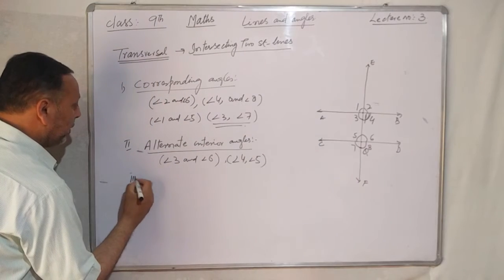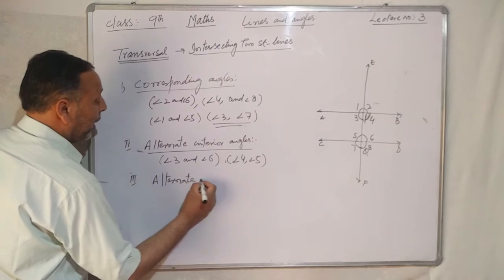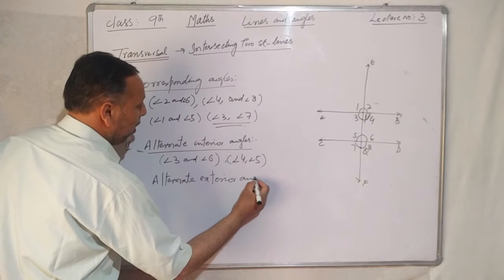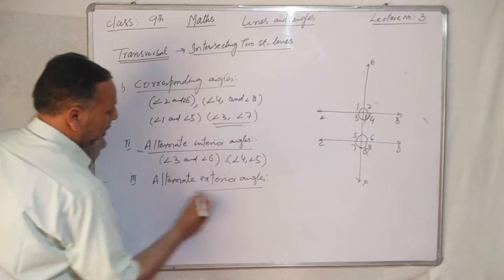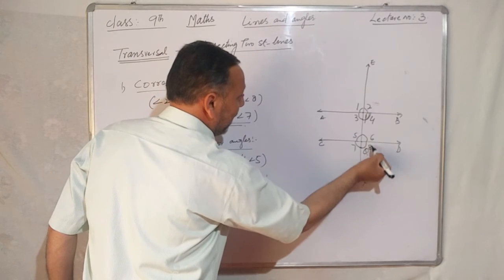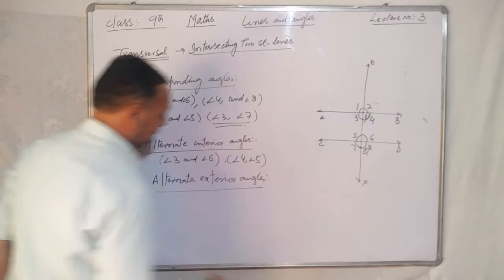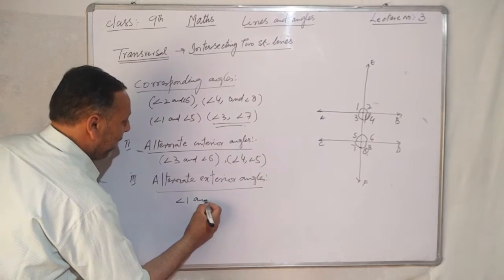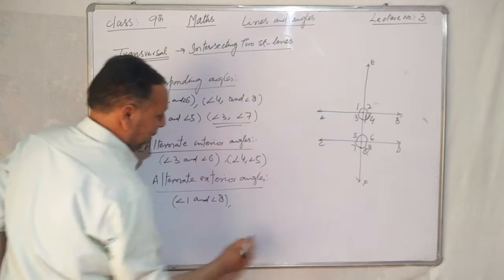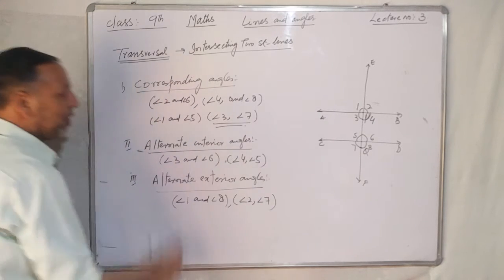And third is alternate exterior angles. Angle 1 and angle 8, angle 2 and angle 7. These are alternate exterior angles.